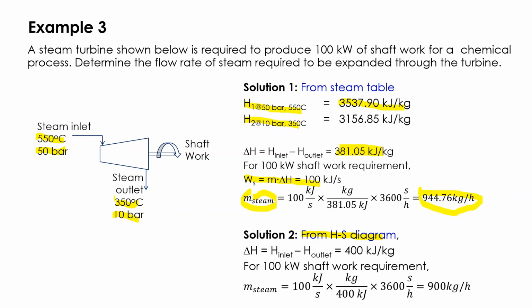If we compare these two conditions and pull the isenthalpic lines, we will be able to get a delta H equal to 400 kilojoule per kilogram, and then from the data of the power generated by the turbine, we can calculate the mass of the steam, resulting in this value.